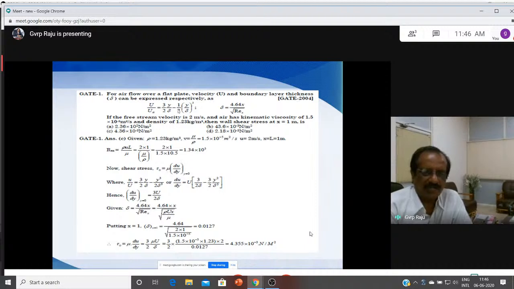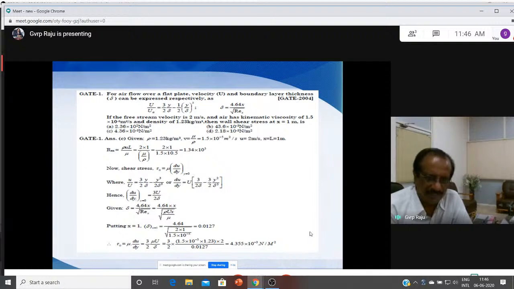Where u by U has been given as u by U is equal to 3y by 2 delta minus y cube by 2 delta cube, and you can find out du by dy. So du by dy, U is a constant value, so it is 3 by 2 delta for the first term, and y cube by 2 delta cube, where 2 delta cube is constant and y cube gives 3y square.